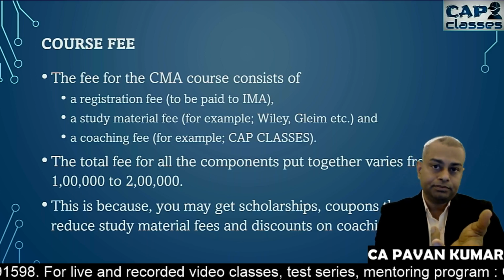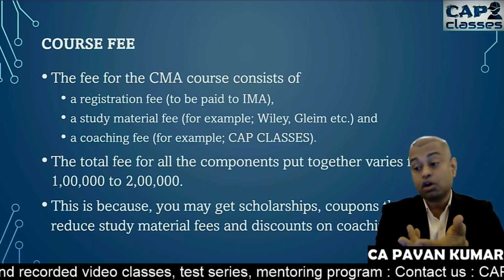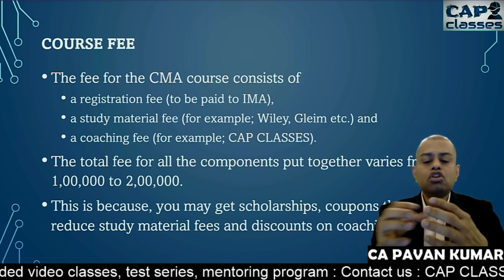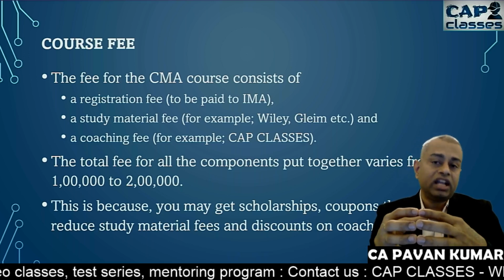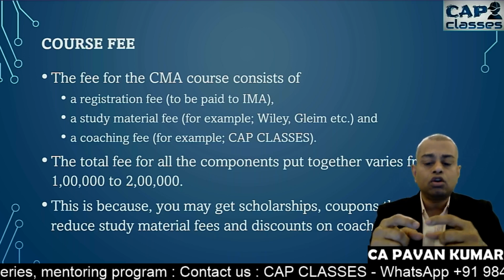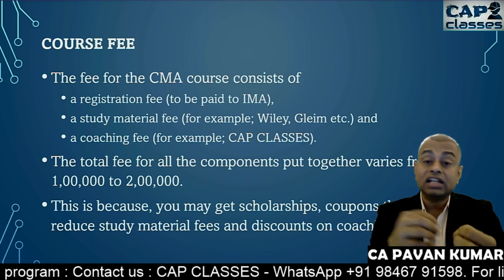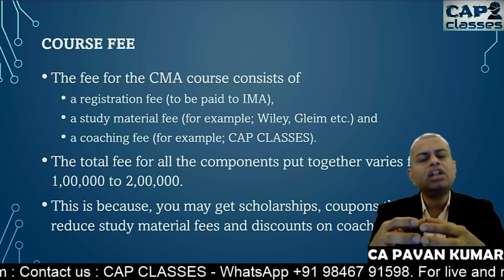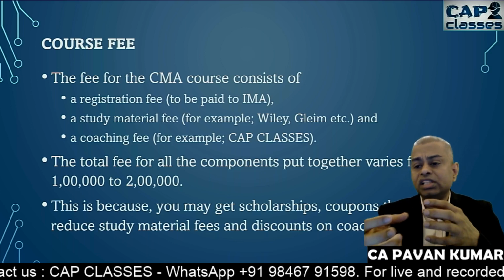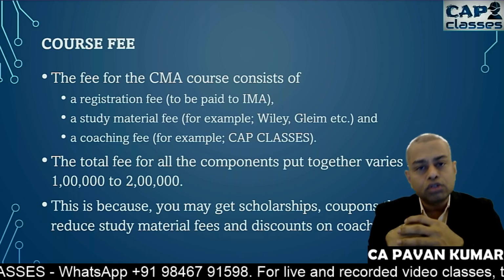Then comes coaching fee. You need to take coaching, whether it is physical coaching, online coaching or recorded video classes, you need to pay. Normally for all these 3 things put together, course cost will be 1 lakh to 2 lakhs based on what coupon codes you use, which institute you join, and whether that institute has given you a coupon code. There will be combos too, like when you purchase Wiley materials, they'll give you IMA registration coupon codes.